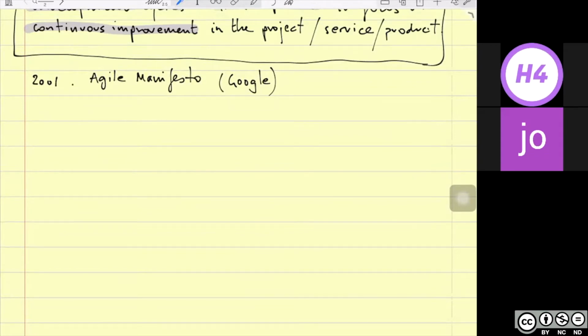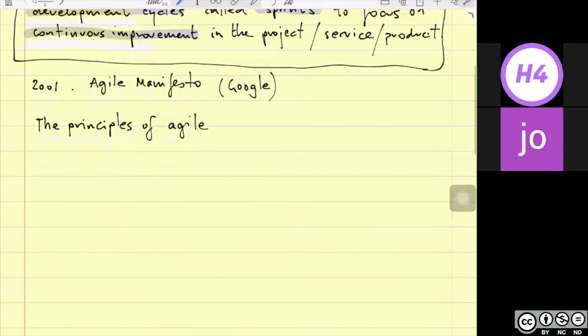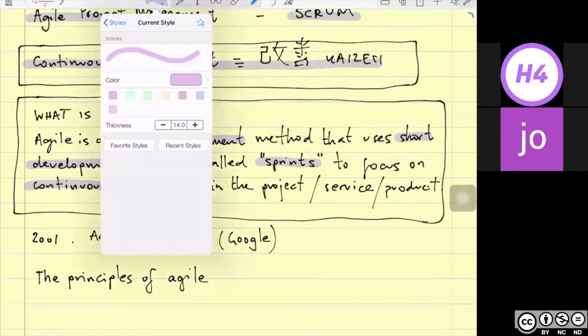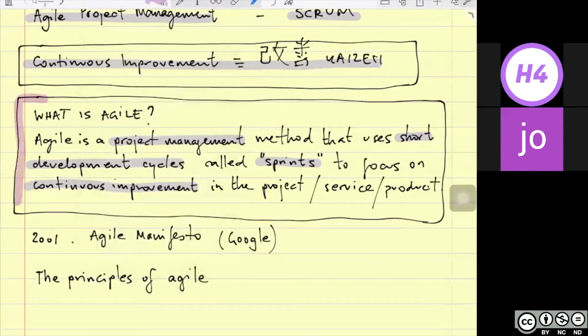So the principles of Agile can be summarized. Let me put it pretty, maybe red here now. So like this.